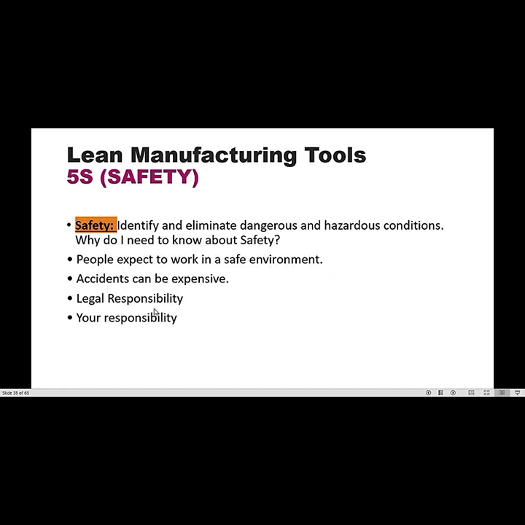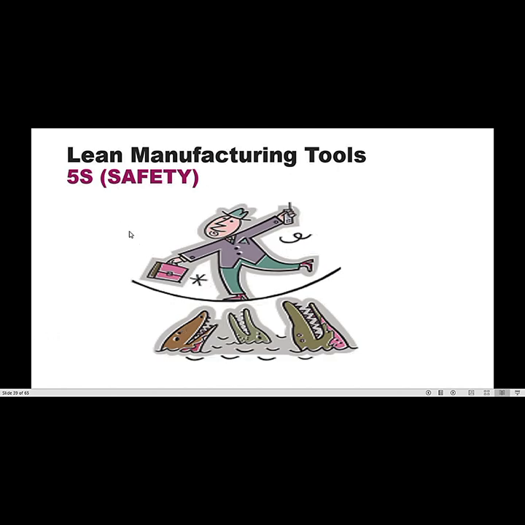It is the legal responsibility of the organization to save the workers and the machinery from accidents and other casualties. So safety, as the picture shows, is to save the workforce, items, and machinery from different hazards or dangerous areas. This was the concept of 5S.